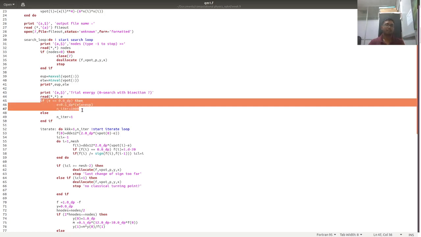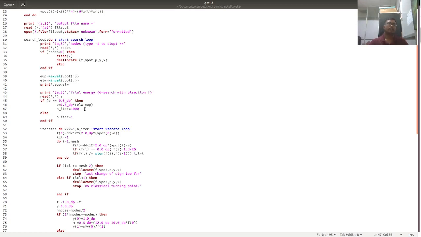to this part, that if E is taken to be 0, then it is using the bisection method to update the value of energy at each iteration step. And how is it going to update? Basically you have a maximum value of energy and a minimum value of energy. So it will shrink the area between those minima and maxima as the iteration progresses by the bisection method.